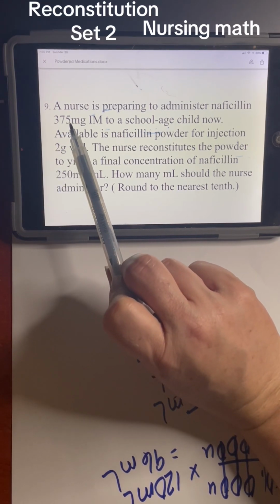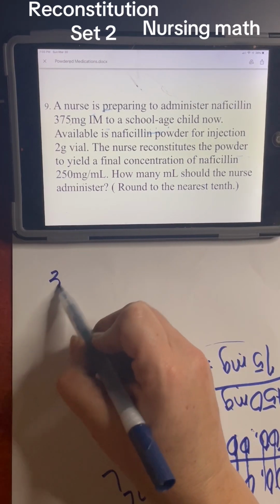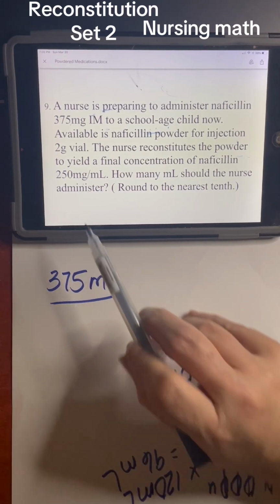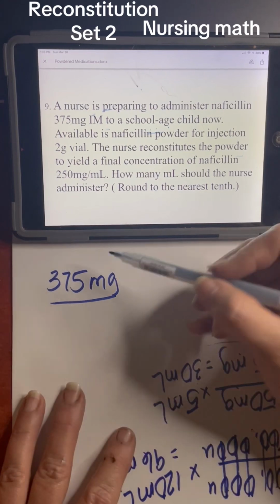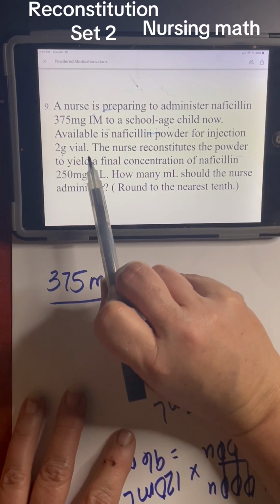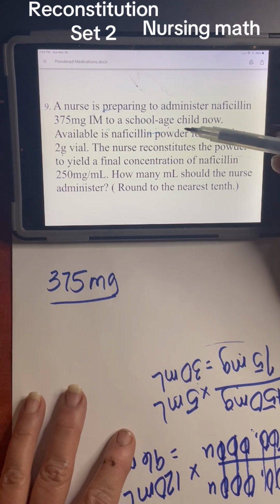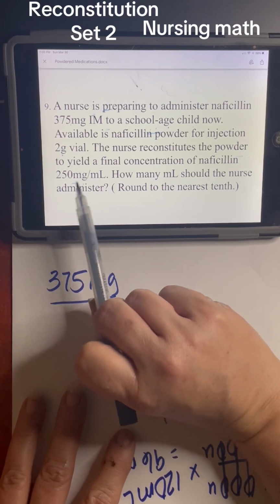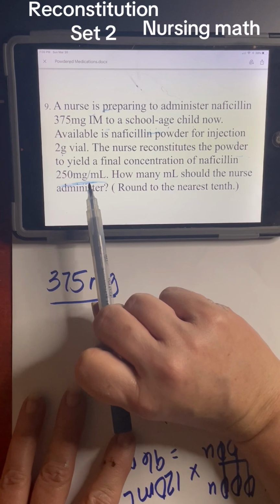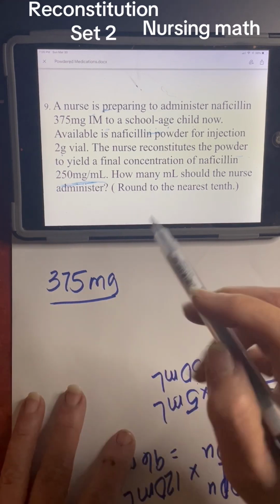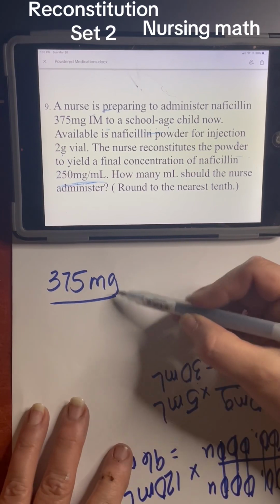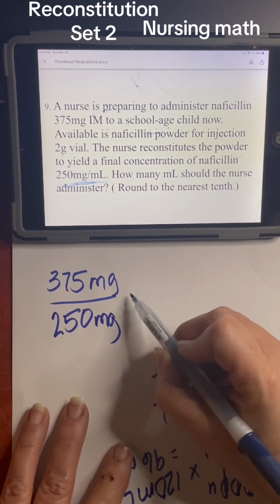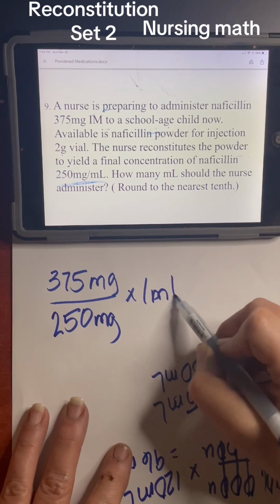So what he wants is for them to get 375 milligrams. And what you have to use for your own hand dose, the 2-gram vial is a distractor. It's powder. But after they reconstitute it, the concentration, and here's your per, is 250 per milliliter. So 250 milligrams will go right there per 1 ml.